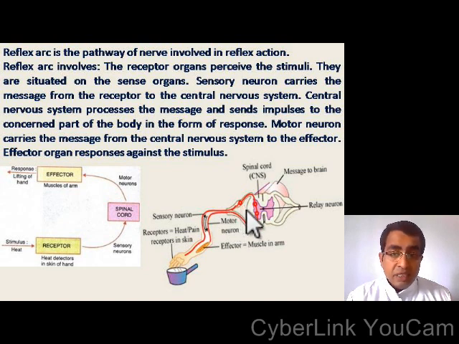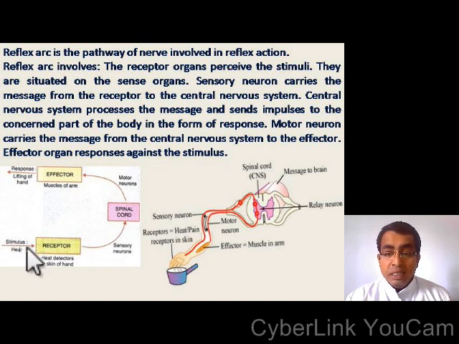Motor neuron carries the message from the central nervous system to the effector. So this is the effector organ. Muscle in our arm is the effector organ here, and the effector organ responds against the stimulus.